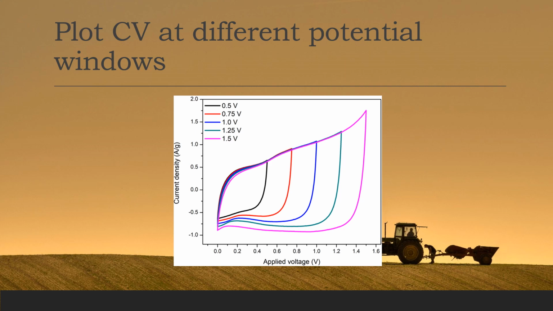That's why, from this graph, you can see I start from 0.5 volt and slowly increase the potential window to 0.75, 1 volt, 1.25 and 1.5 volt. From this, we want to determine the precise potential window of our main material or composite in the supercapacitor device.